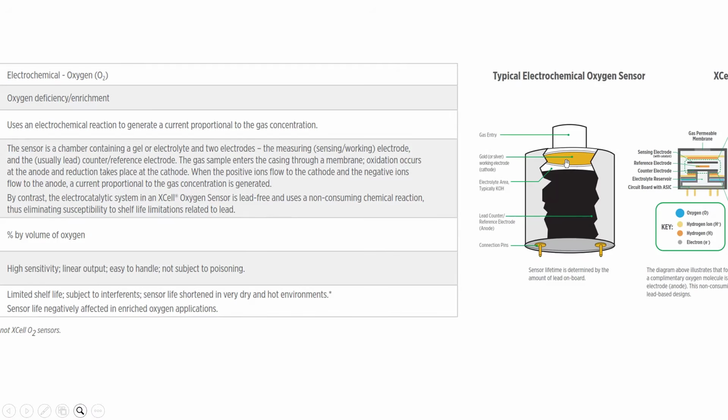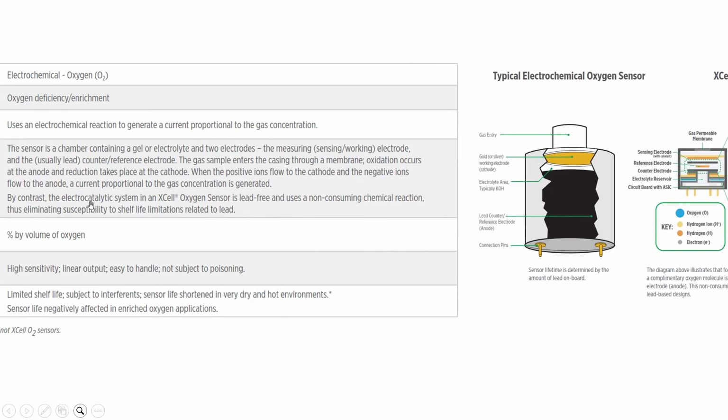Oxidation occurs at the anode and reduction takes place at the cathode. When the positive ions flow to the cathode and the negative ions flow to the anode, a current proportional to the gas concentration is generated. That's all about the principle.